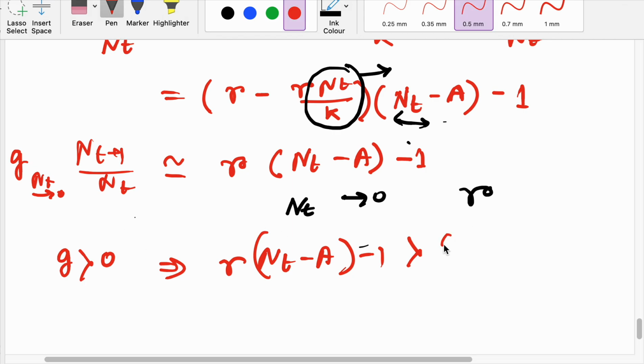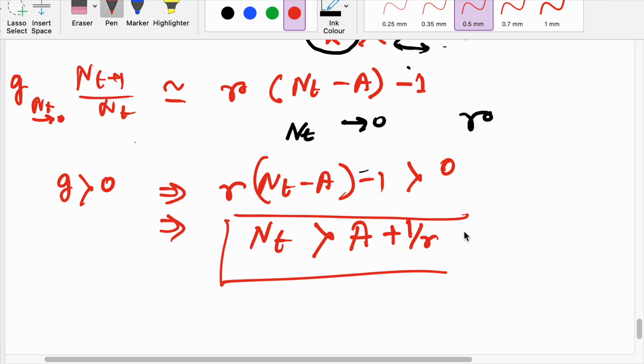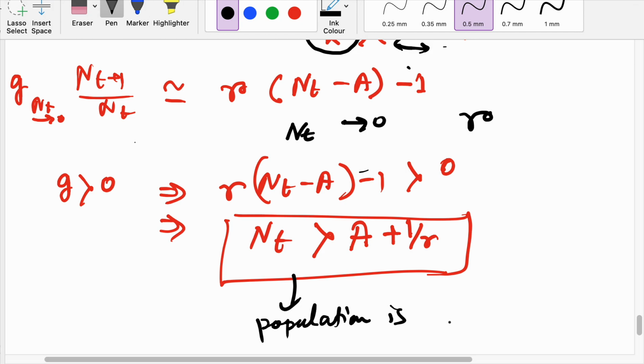I confused myself a little bit, but it says that when nt is greater than a plus 1 by r, then we can say that the population is actually growing.